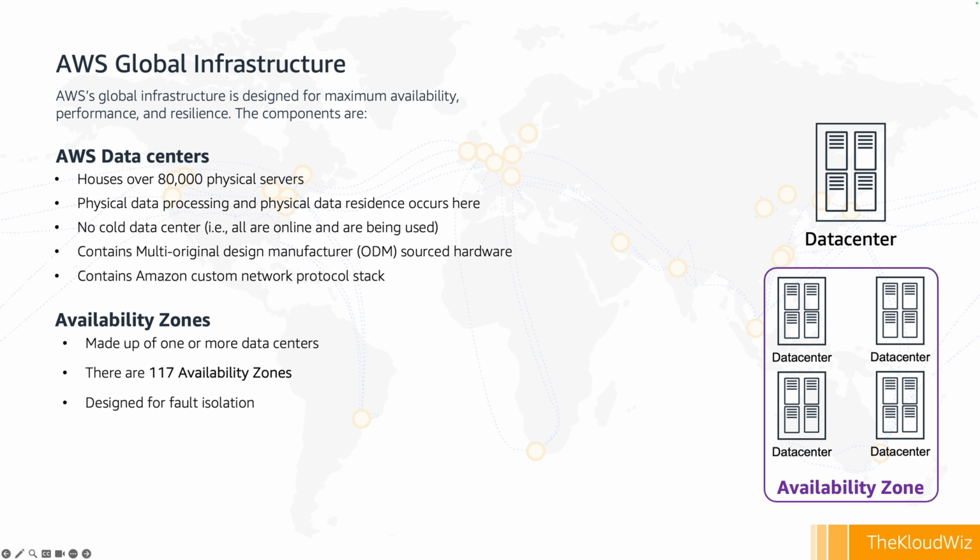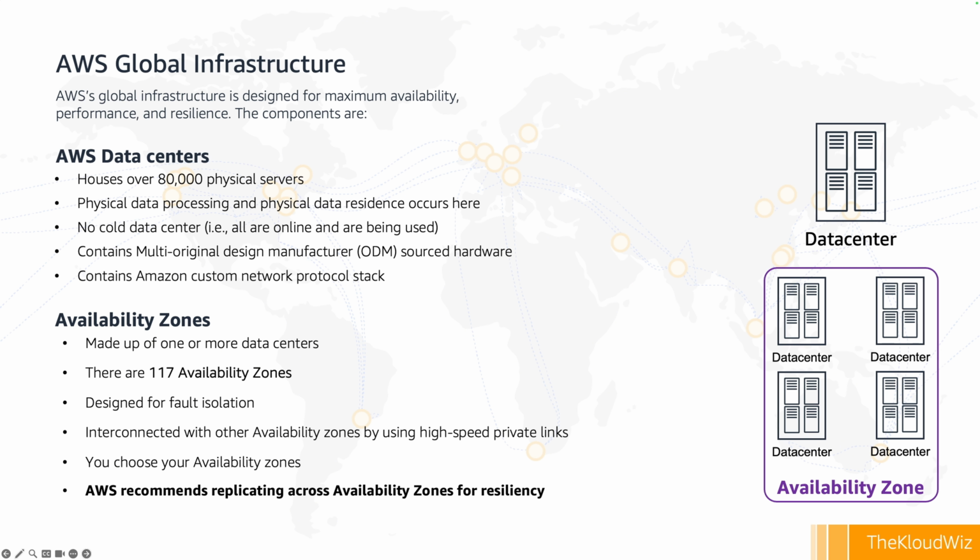These availability zones are designed for fault isolation and they are interconnected with each other using high-speed private links. You as a customer choose the availability zone that you want to deploy your resources in. And AWS recommends that you deploy your resources across multiple availability zones for resiliency.